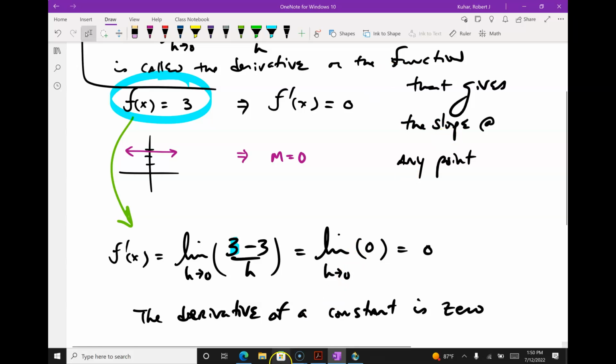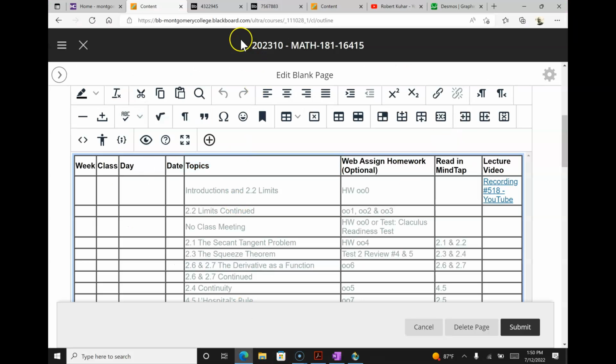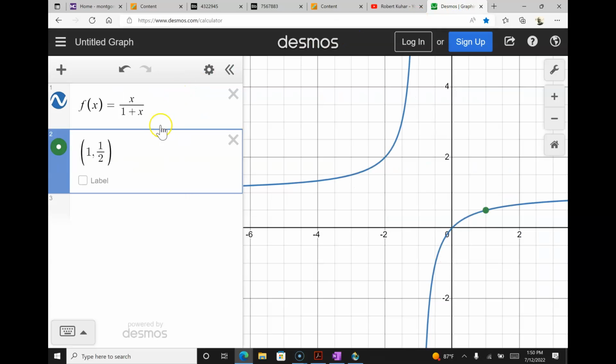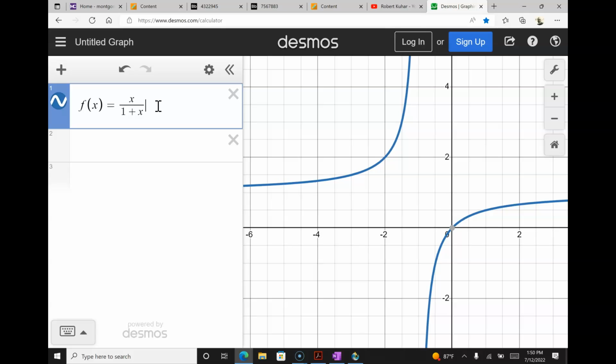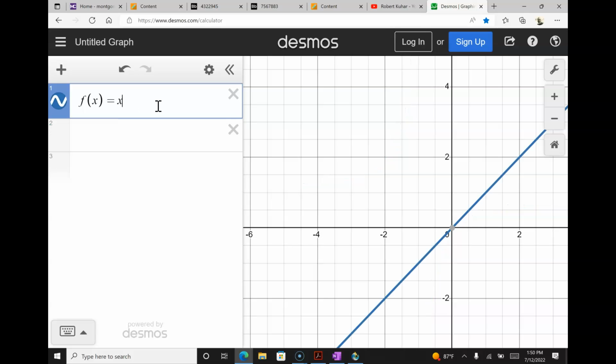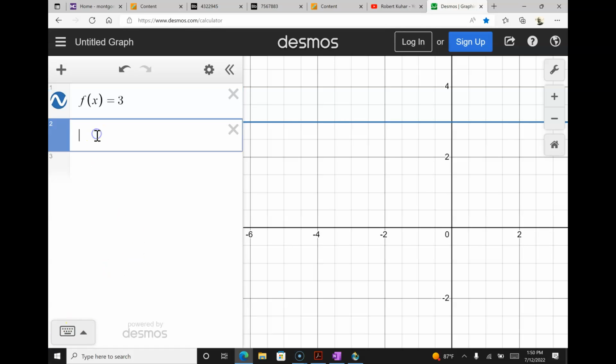It's kind of nice on Desmos when I do this. I'll say f of x is 3, and d dx of f of x is 0.